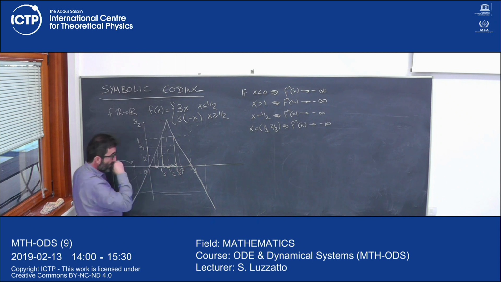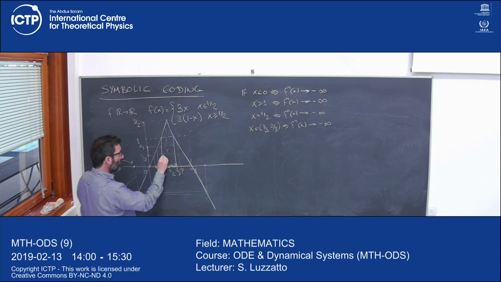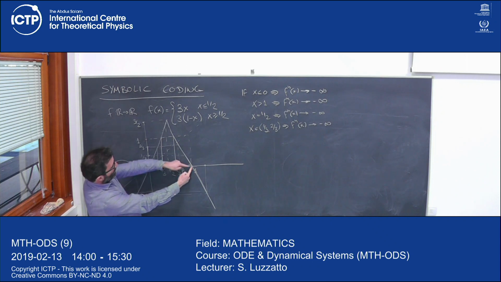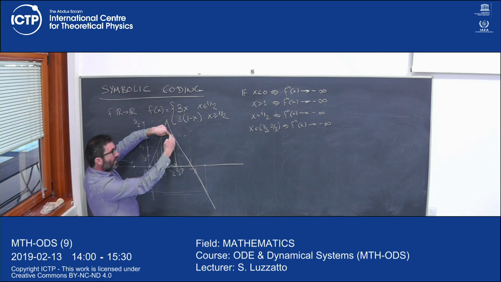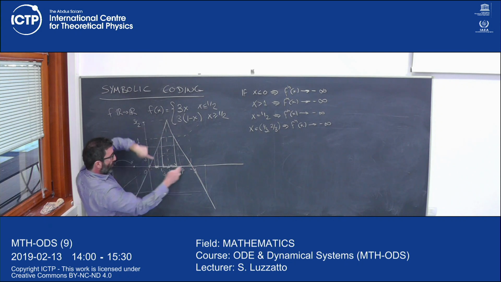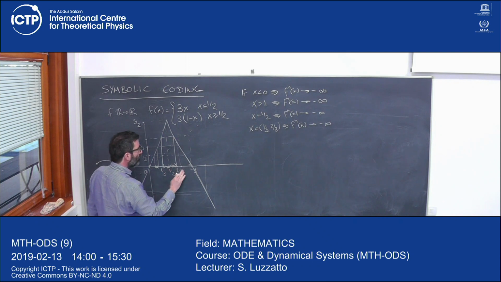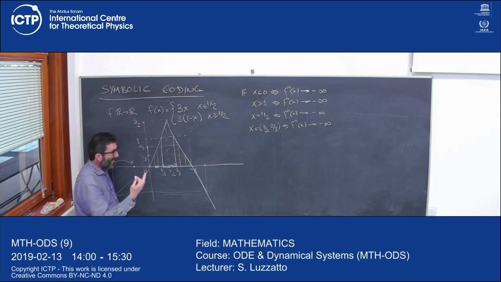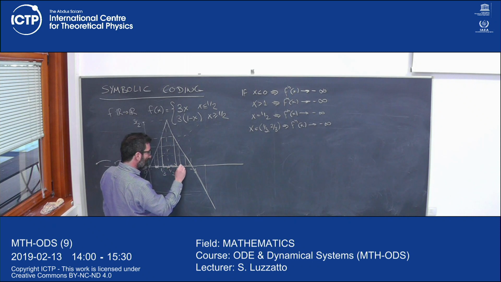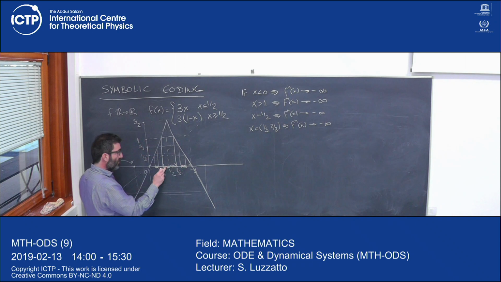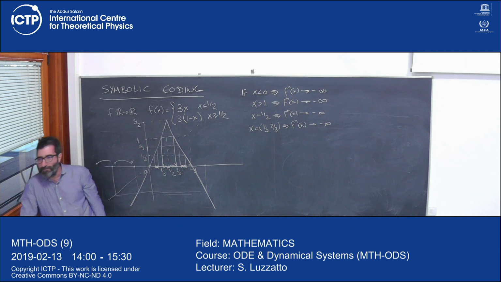Here also we have an interval that escapes, and also on the other side, obviously, right? So here also you have this interval [2/3, 1]. If you see from the graph, it maps bijectively onto the whole interval [0,1]. So there is some interval in the middle. On this side, it does not contain the fixed point, because of course the fixed point cannot escape, right? So the fixed point is fixed. So here there's another interval of points which map to (1/3, 2/3).